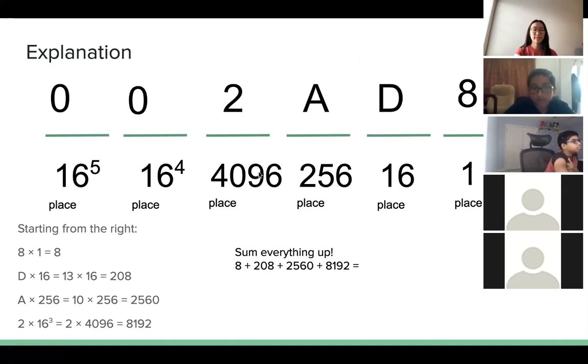Okay, so let's find that final answer. It's easiest to use a calculator for this. 208 plus 2,560 plus 8,192. And our final answer for what 2AD8 equals in decimal is going to be 10,968. Sorry that it's not on the slides.